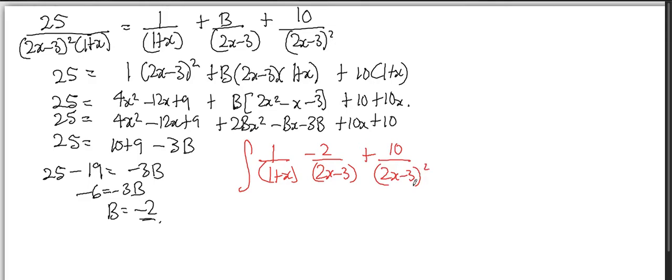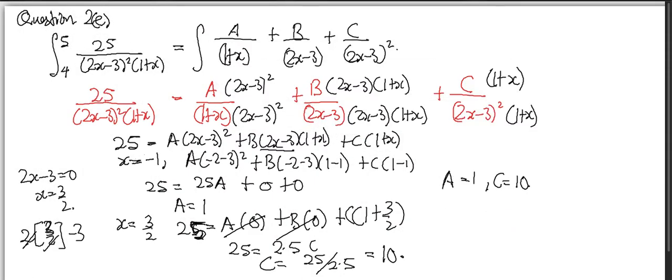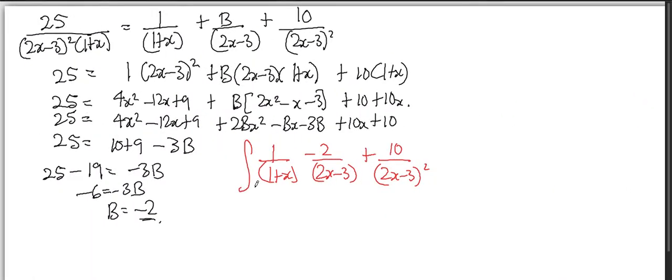Okay, so let's integrate. So when I integrate this, the limit is 4 to 5. Let's integrate. So this will give me ln of 1 plus x, and then followed by, this is negative 2.